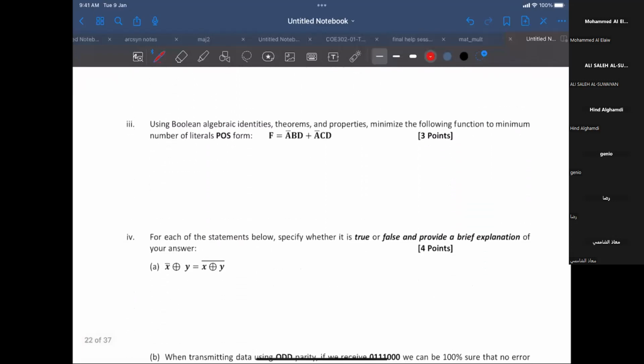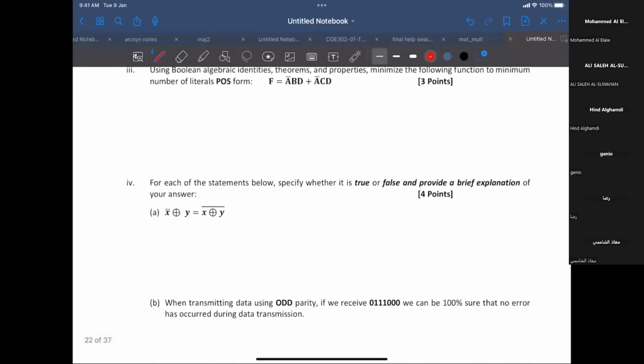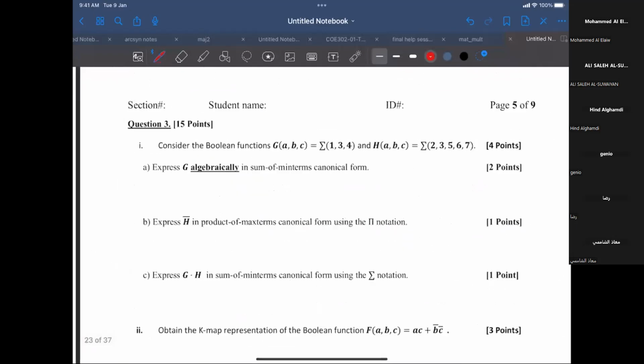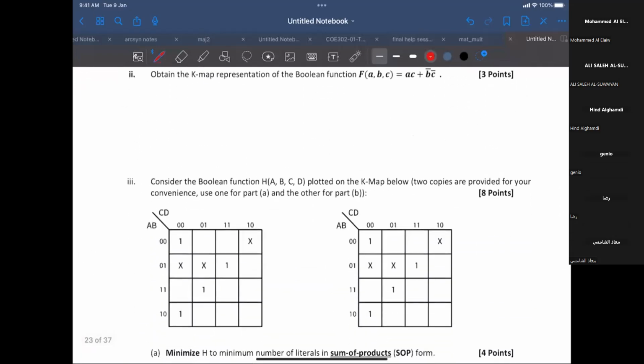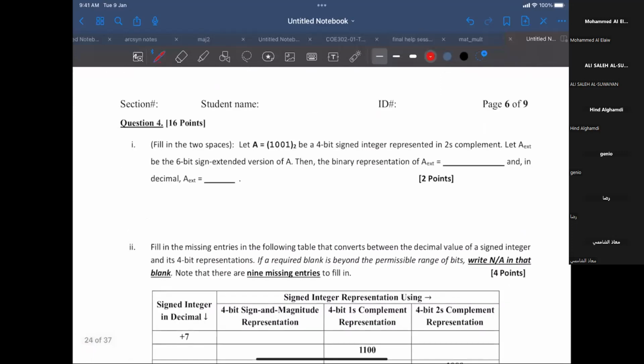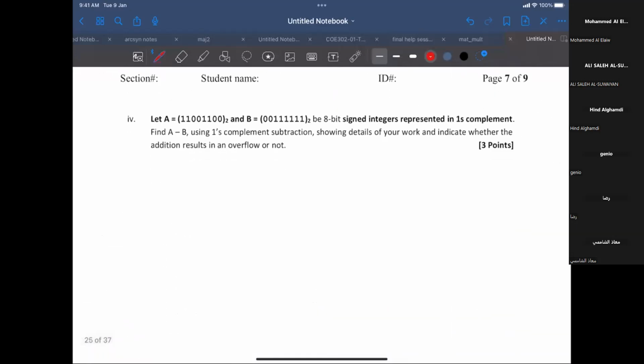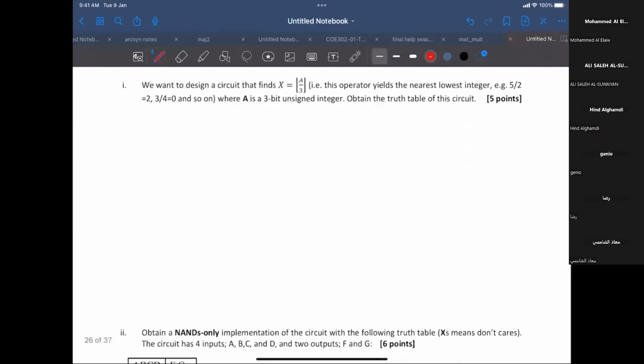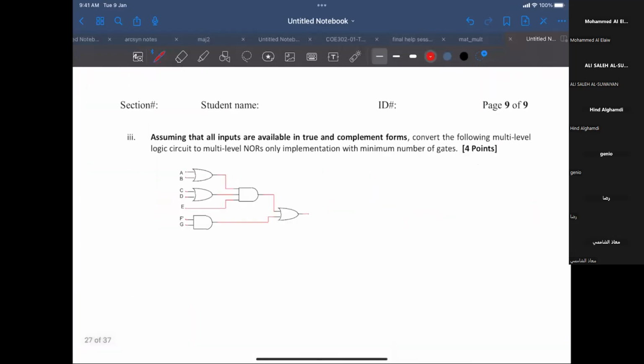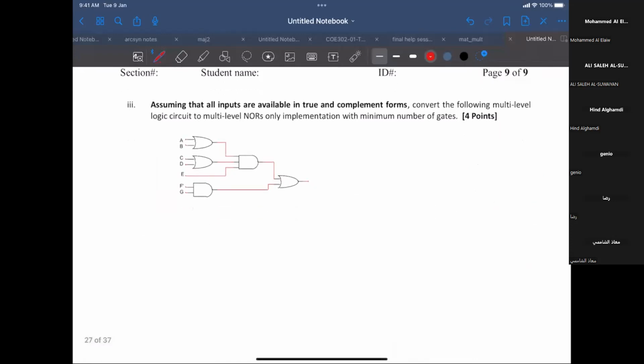Yeah, for example, this is a midterm, so it should contain it.